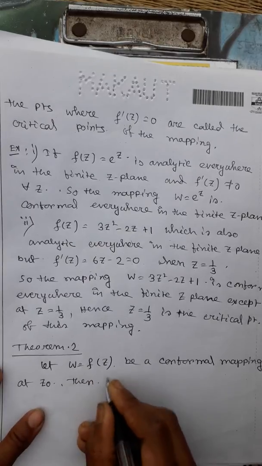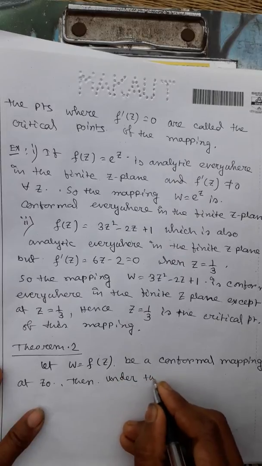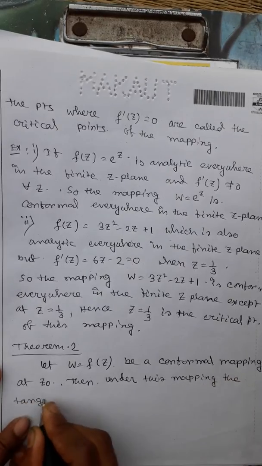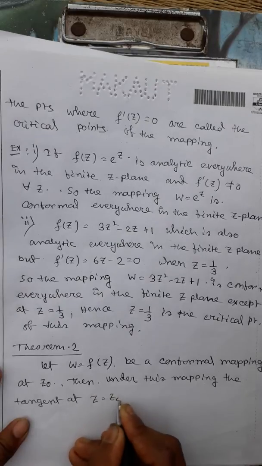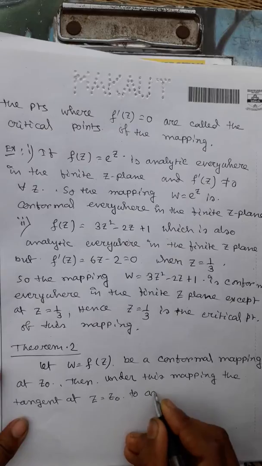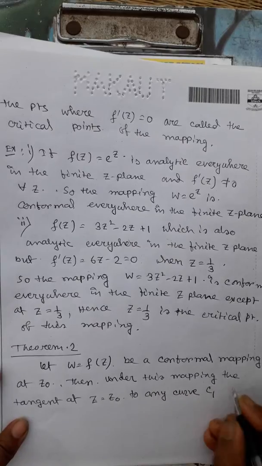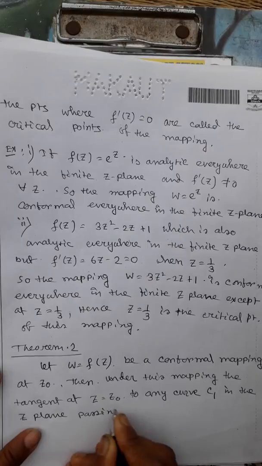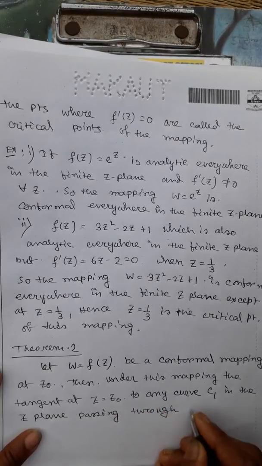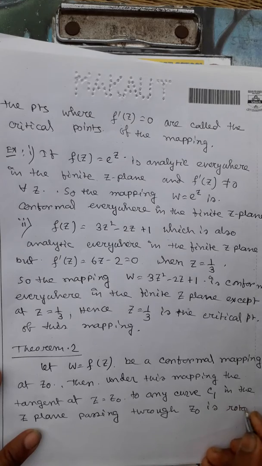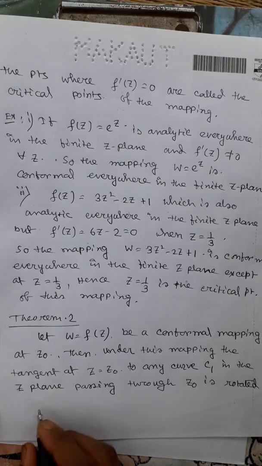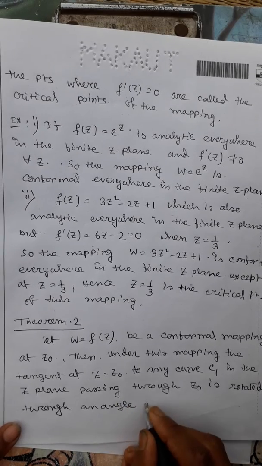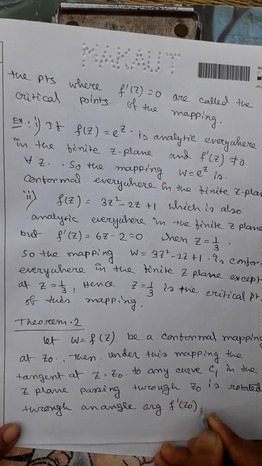Then under this mapping the tangent at z = z0 to any curve C1 in the z plane passing through z0 is rotated through an angle argument of f'(z0).